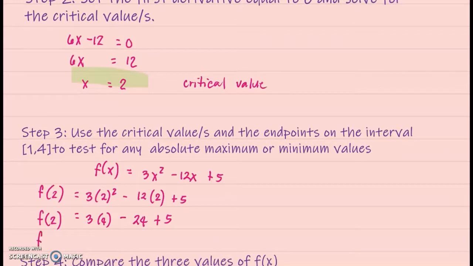So f of 2 is equal to 12 minus 24 plus 5. So that would be negative 7. So that is your f of 2. So you highlight.